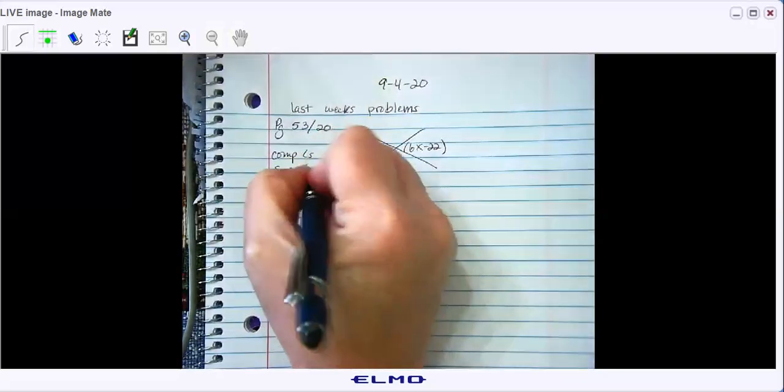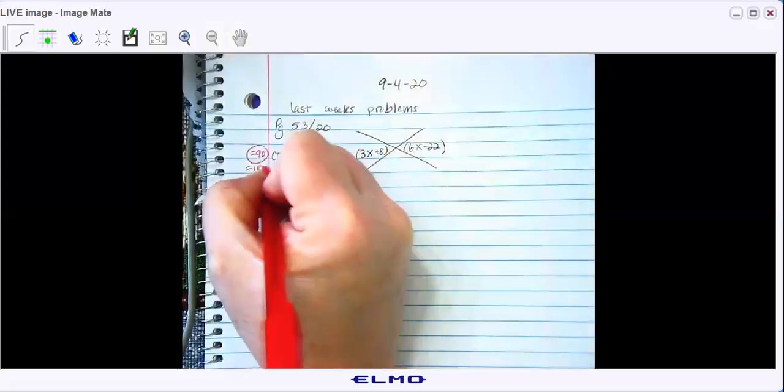One was complementary, 2 angles that equal 90. Supplementary angles, 2 angles that equal 180. And vertical angles, 2 angles that equal each other. So this one equals 90, equals 180, and these equal each other.